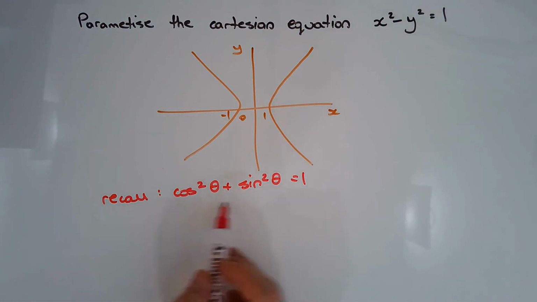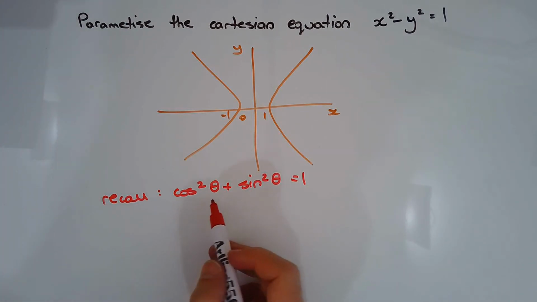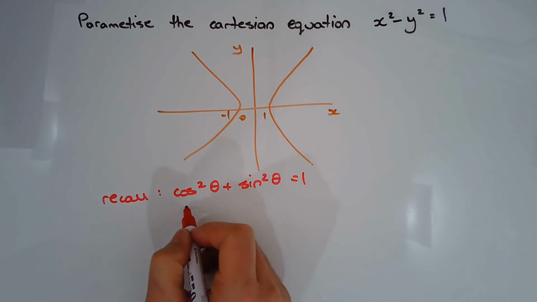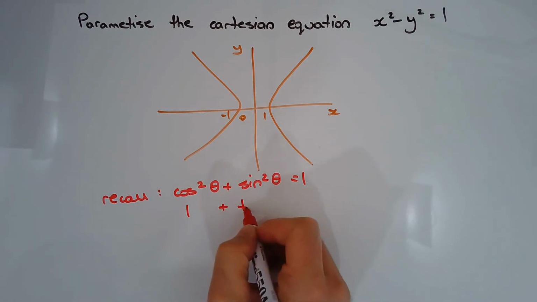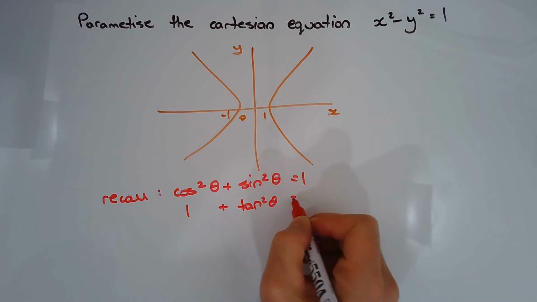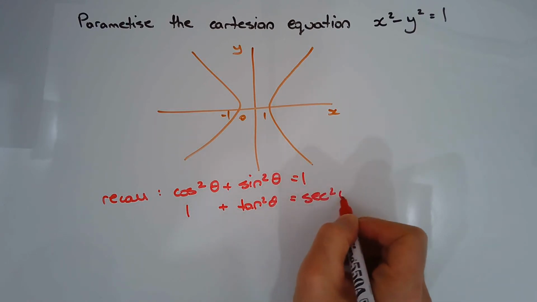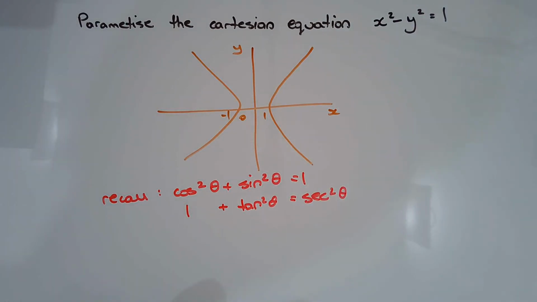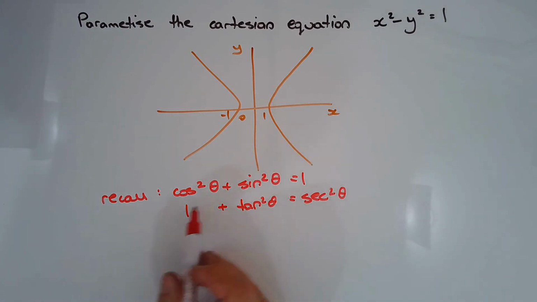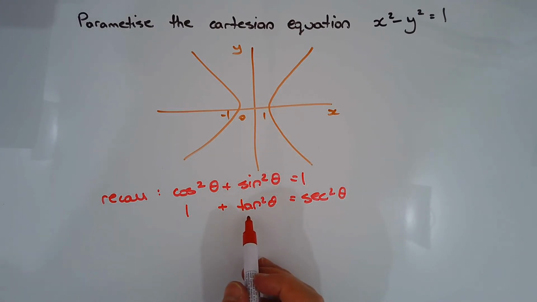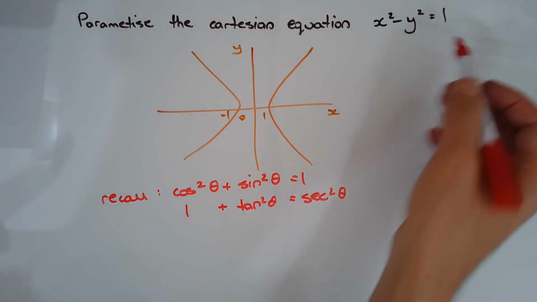So if we take our fundamental Pythagorean identity, we divide everything by cos squared theta, you end up with 1 plus tan squared theta is equal to sec squared theta. So let's rearrange this Pythagorean identity so you end up with something squared minus something squared equals 1.